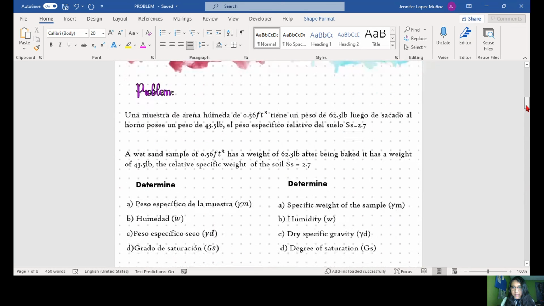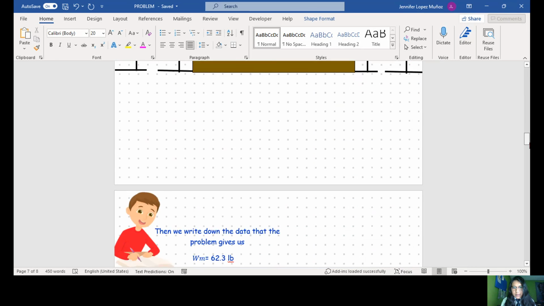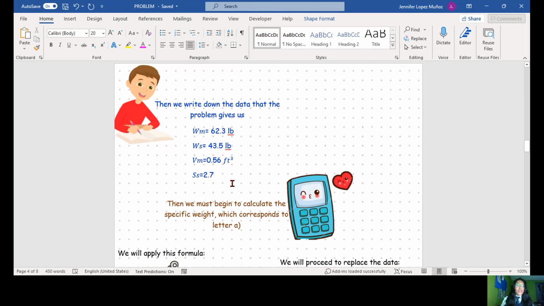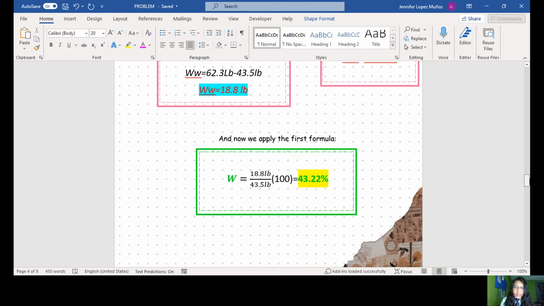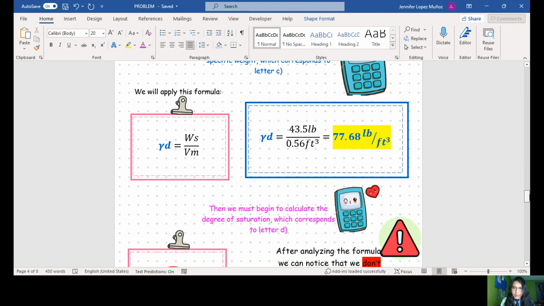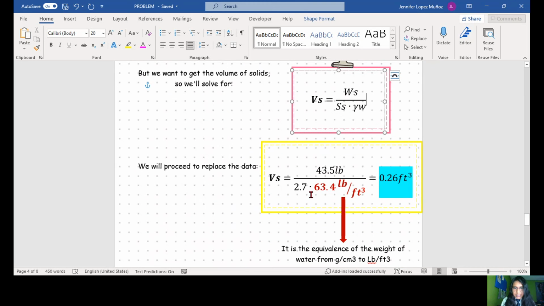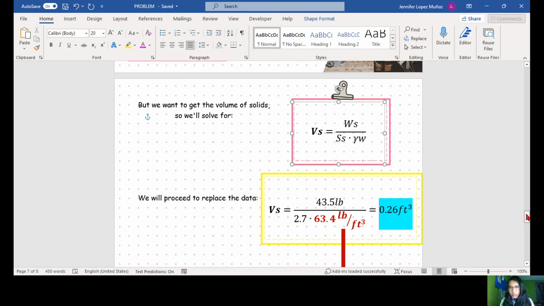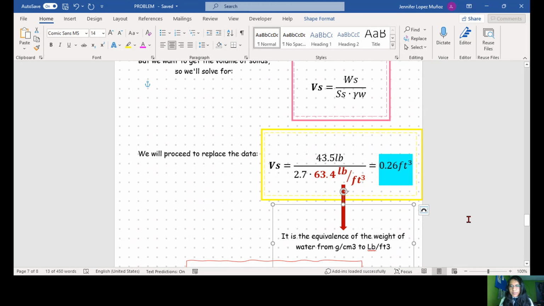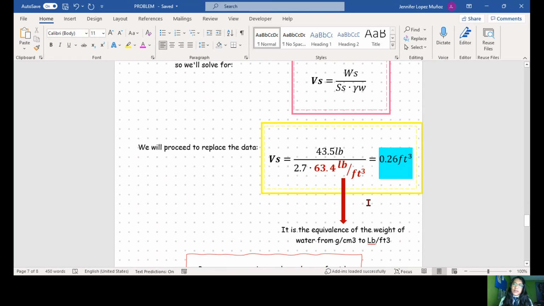In the data I have in the problem, this is 2.7, the relative specific weight of solid, times the specific weight of water, corresponding to one gram per cubic centimeter, but I need it in pounds divided by cubic feet.